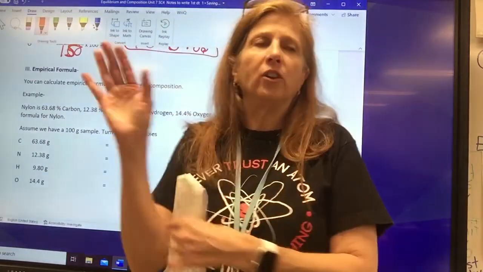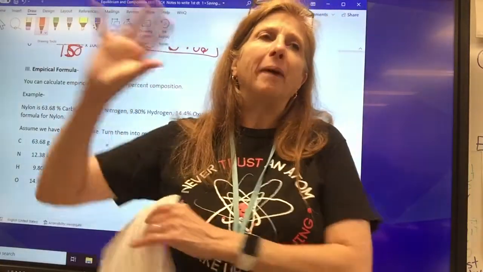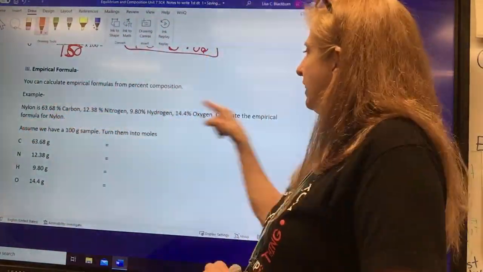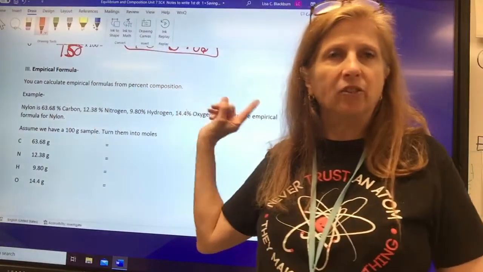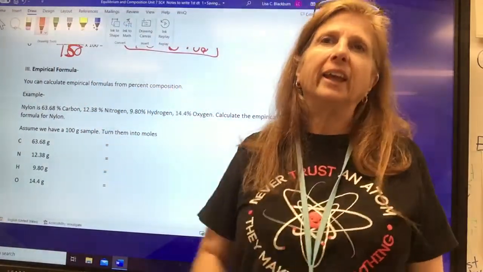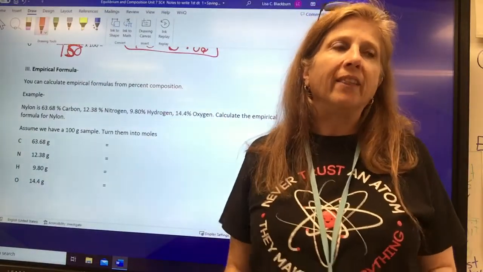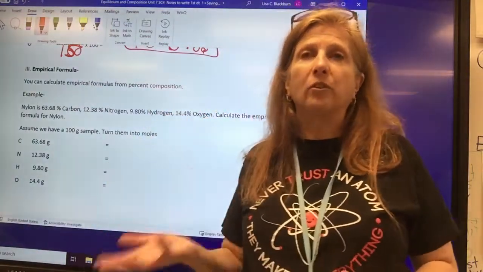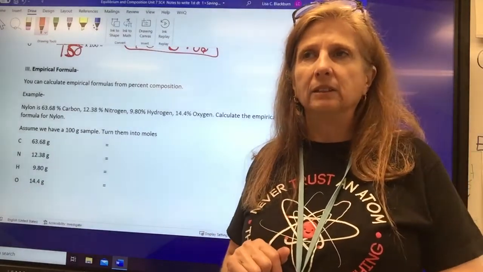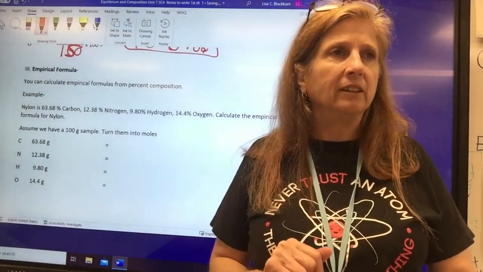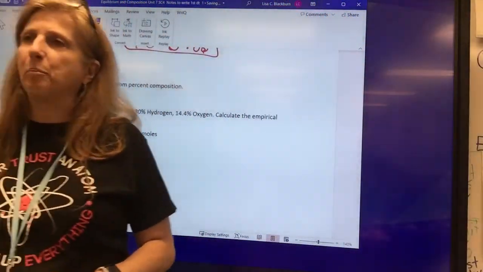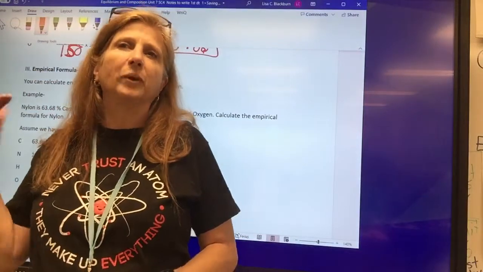So to do this problem, I want my amount to be 100 grams because my percents all add up to 100, don't they? So I can take those percents and just pretend like they're grams, and then I have 100 grams of my sample, and that's convenient for me. Are we all right with this idea? Y'all look okay. All right, so we're just going to change all of our percents to grams. Why? Because we can.